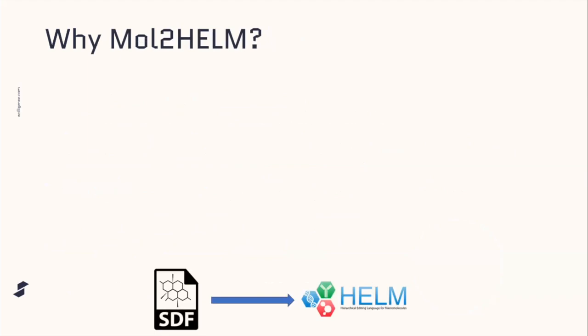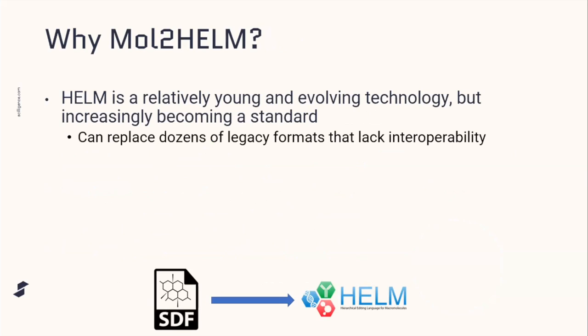So why did we develop Mol2HELM? I touched a little bit on this, but HELM is a relatively young and evolving technology, but it's increasingly becoming a standard. HELM, I believe, was started in 2008, and it is now kind of the standard notation for oligonucleotides and peptides.